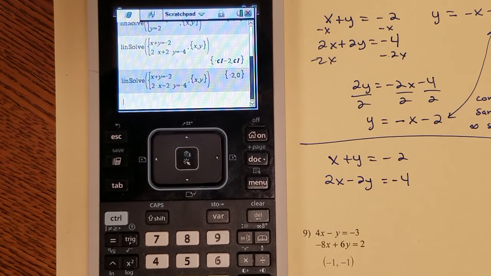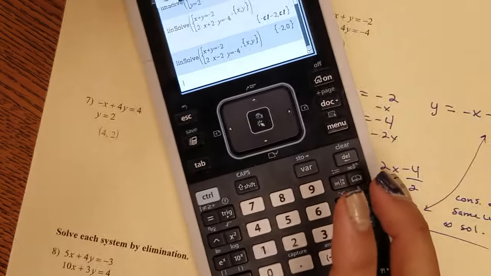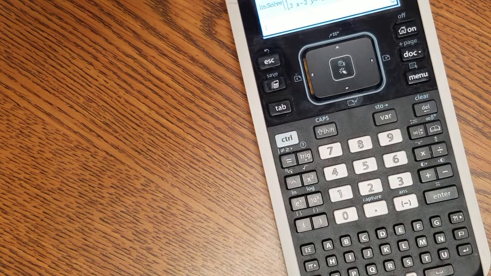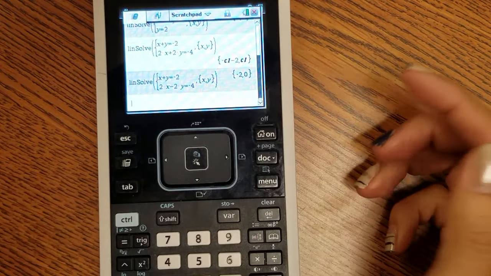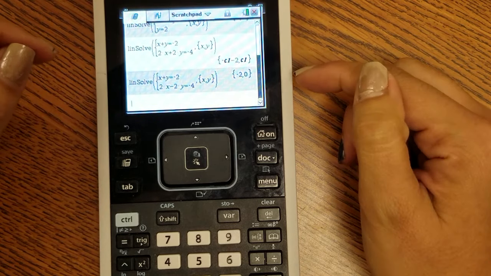Now that gave you a solution. If there is no solution, I think your calculator tells you no solution. Let me see if I have an example. I don't. Well, whatever. It should tell you no solution, but make sure you check your work.